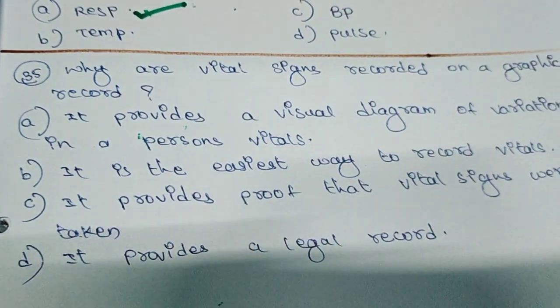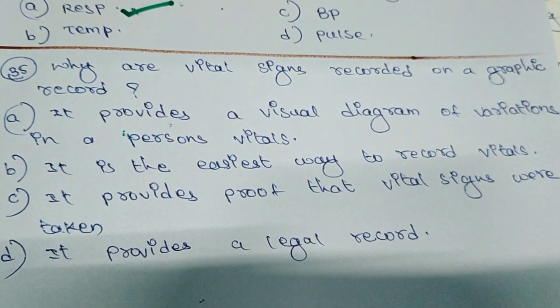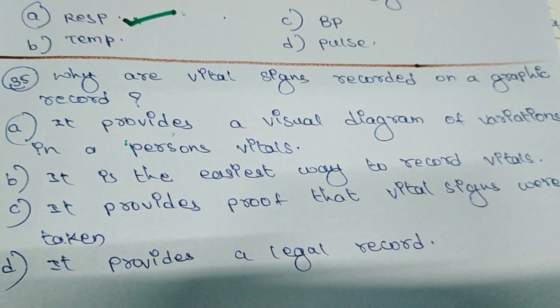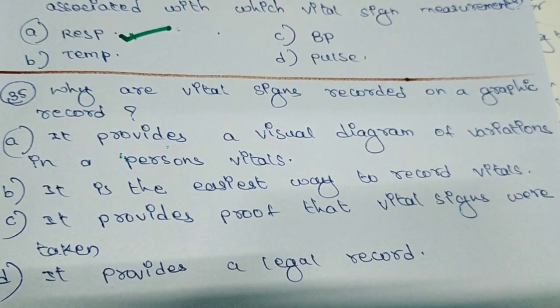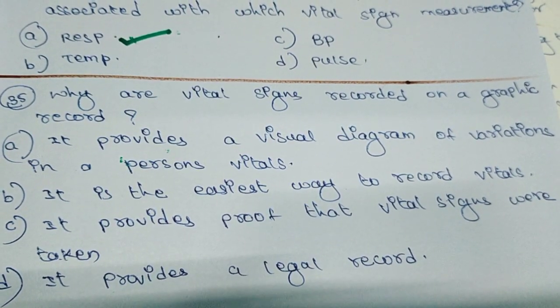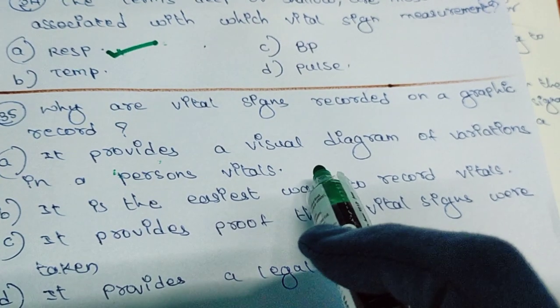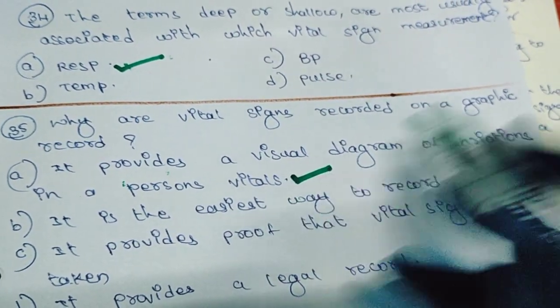The last question is, why are the vital signs recorded on a graphic record? Is it because it is a legal document, or easy to record, or it can be taken easily? What is the reason? The reason is it provides a visual diagram of variations in a person's vital signs.